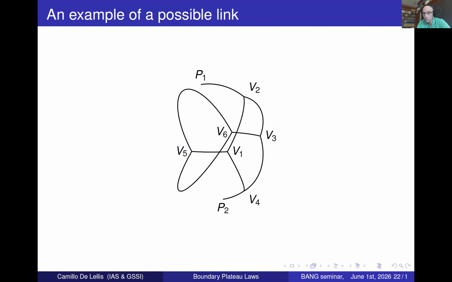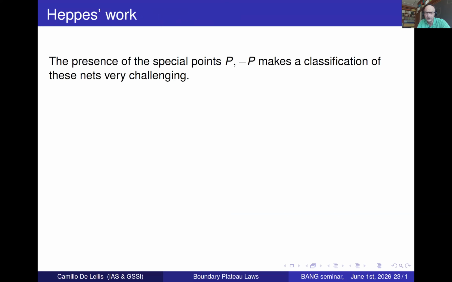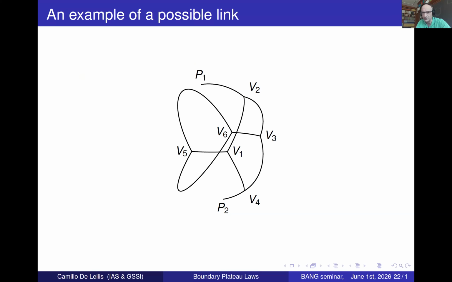Now, once you see a net like this, maybe first I should say something else. Once you make this observation, what could be a possible strategy to prove your theorem?